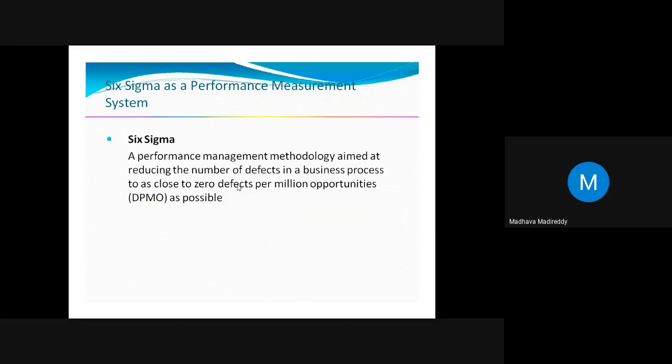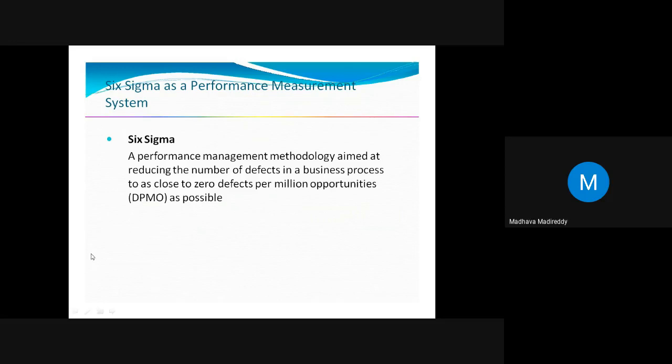So Six Sigma means the range of the number of defective items should be plus or minus six standard deviations away from the mean. What it means is the number of defects should be almost non-existent, almost close to zero, even if you take a million samples. That is called Six Sigma.